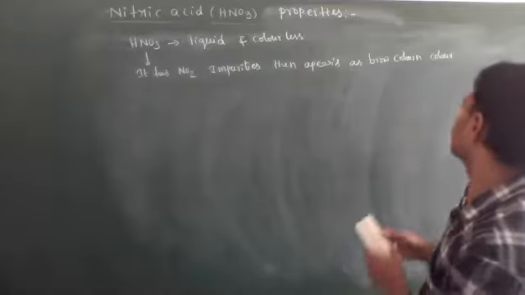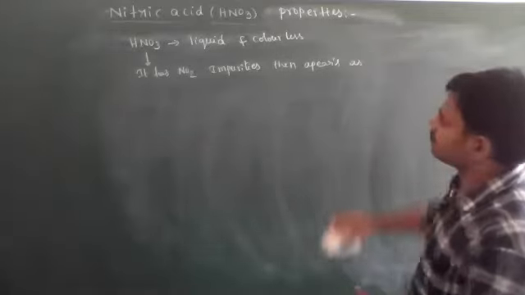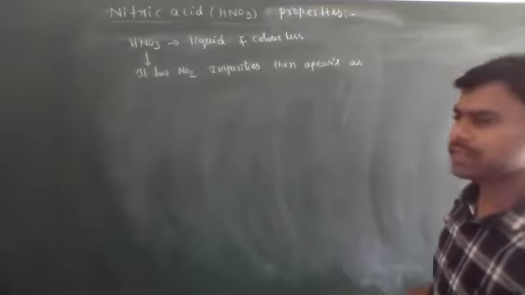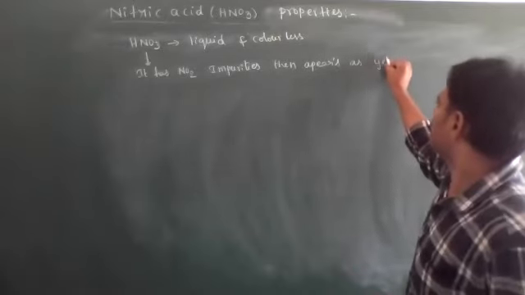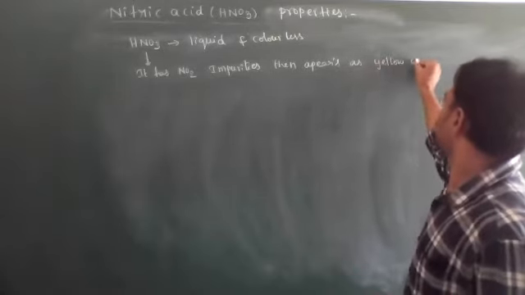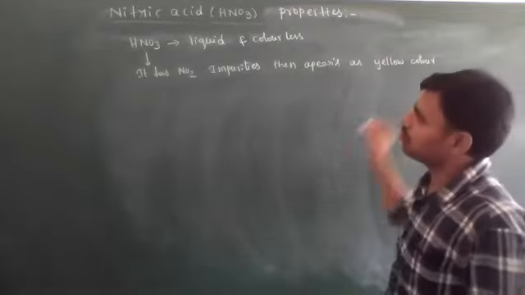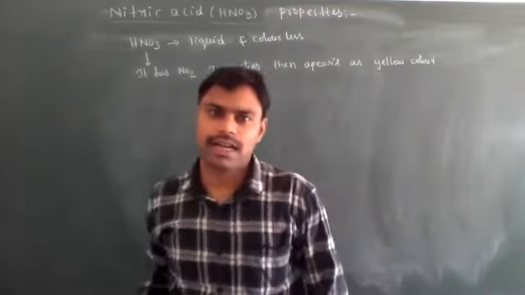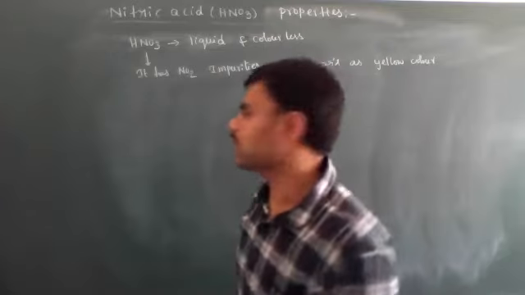Sorry, not brown color, yellow color. So whenever NO2 impurities are present, it appears yellow. But pure HNO3 is a colorless liquid.